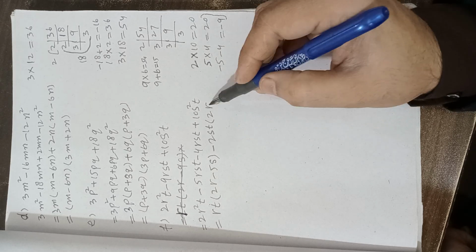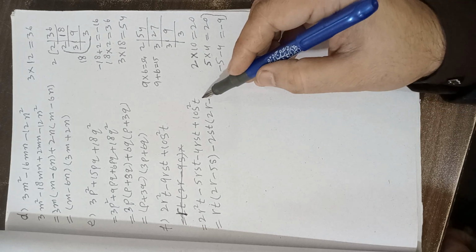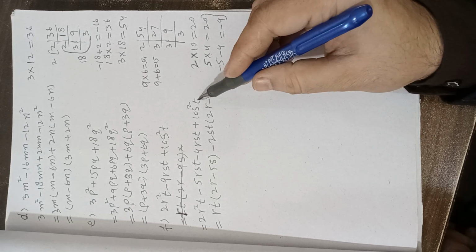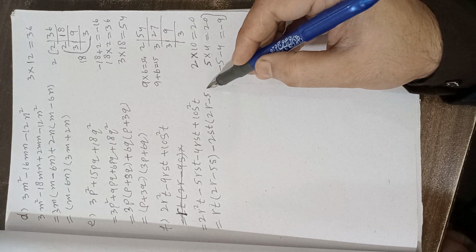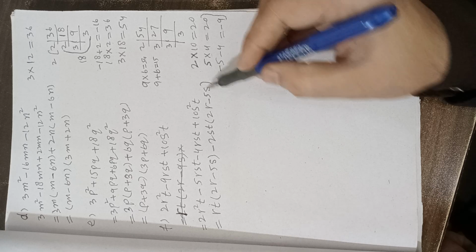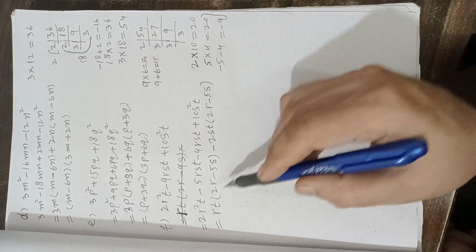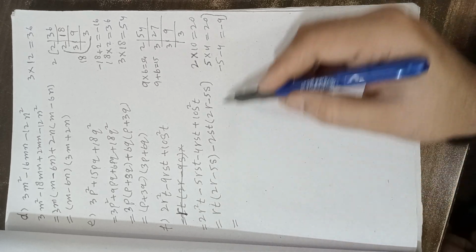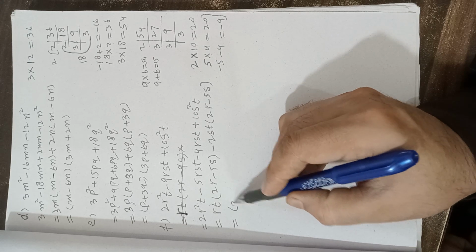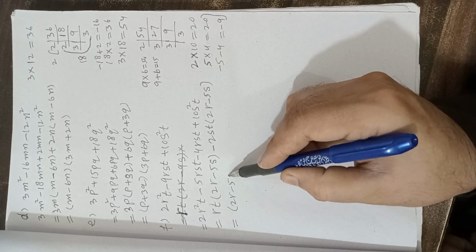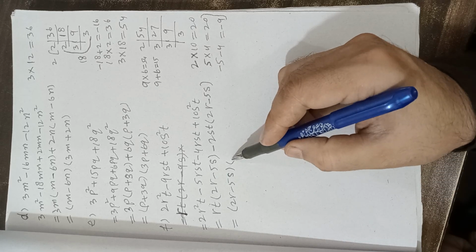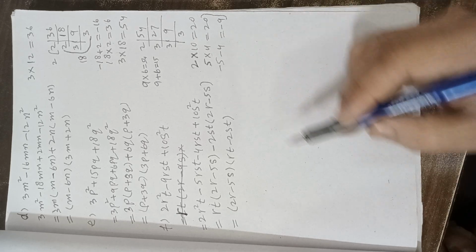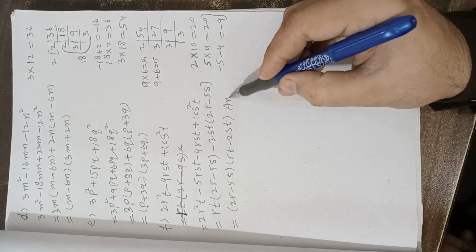Due to this minus sign you will change the inner sign, and this 10 will become 5 after dividing by 2, and s will be in the bracket. Again see 2r minus 5s, 2r minus 5s are the same, so our factorization is right. Write this 2r minus 5s as common, and rt minus 2st as well. So this is our answer.